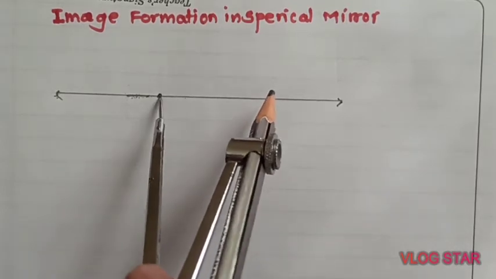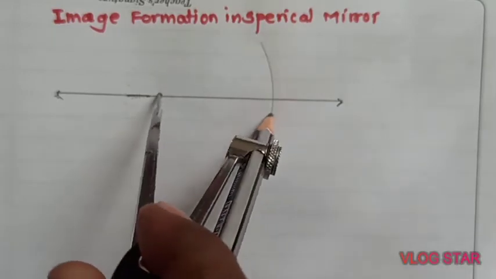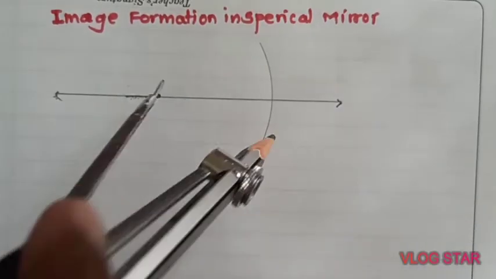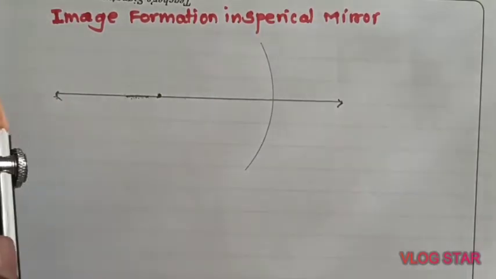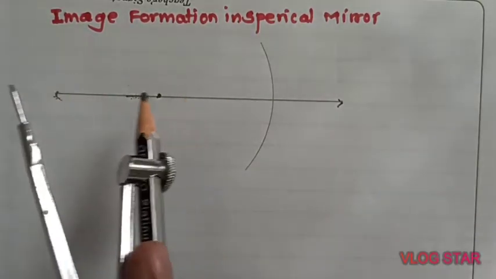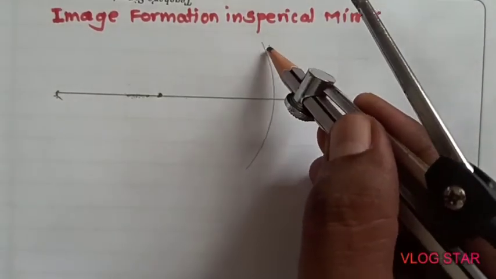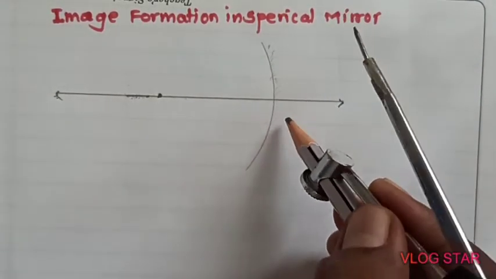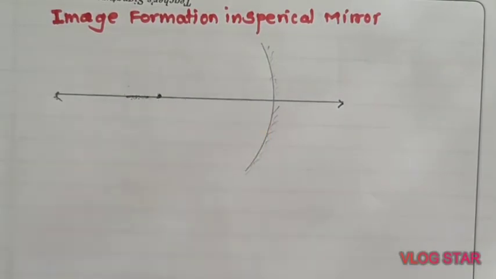Now I got one curve and the side which is facing from this edge is concave, so this back side is coated. So this face is concave, so we got a concave mirror.